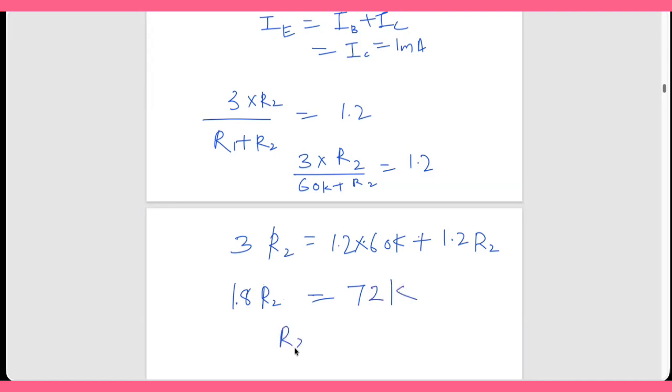So R2 is 72K divided by 1.8. So what is 72 by 1.8? 1.8 into 2 is 3.6. So it is 40K.